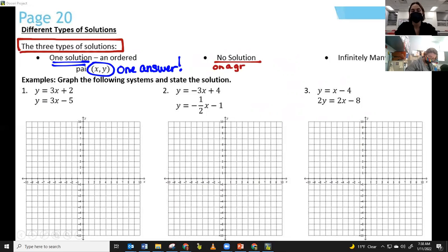On a graph, this would be parallel lines. Lines that never touch. No matter how far out you take it, they're never going to touch. If I'm working with equations, then I'm going to see X and Y both cancel.